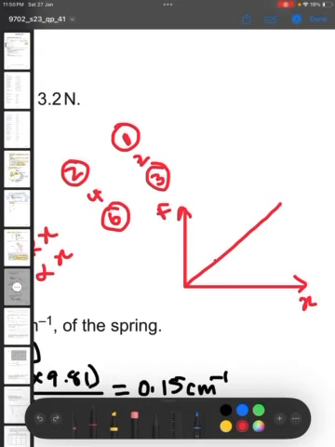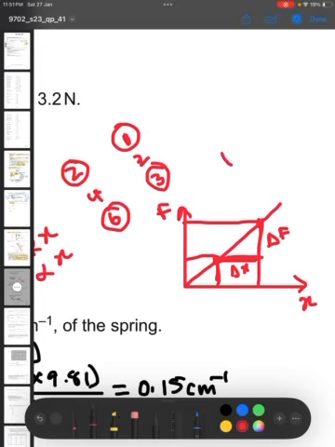So if I were to take a value of x and a value of F, and another value of x and a value of F, and find the change in F, which will be delta F, and the change in x, which will be delta x, then I would have found the gradient of the graph.